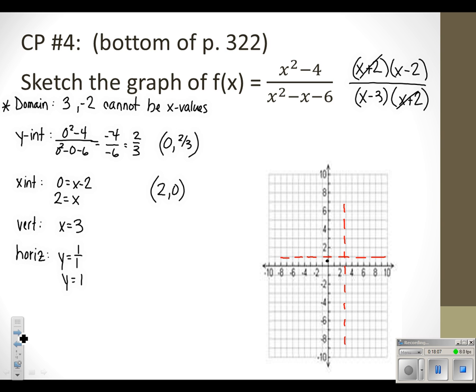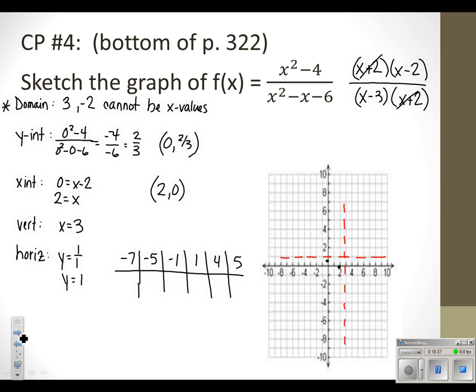We have an x-intercept of 2, 0. Now we need some more values. So I'm just going to pick a few here. We got -7, -5, -1, 1, 4, 5. Again, you can pick other numbers if you want to. We just need to get an idea where this curve is going to go.